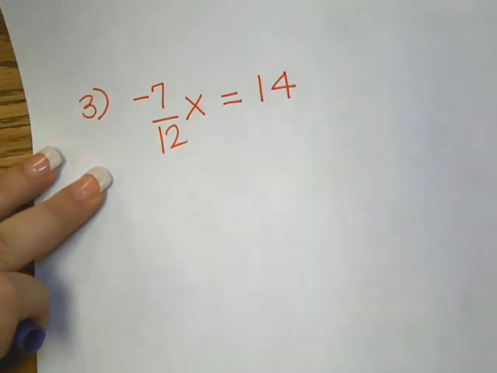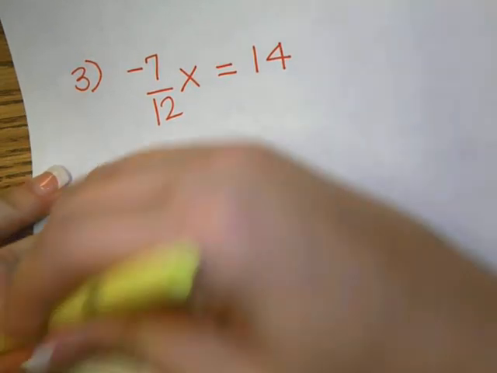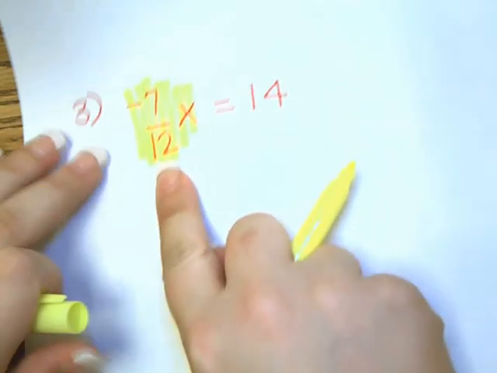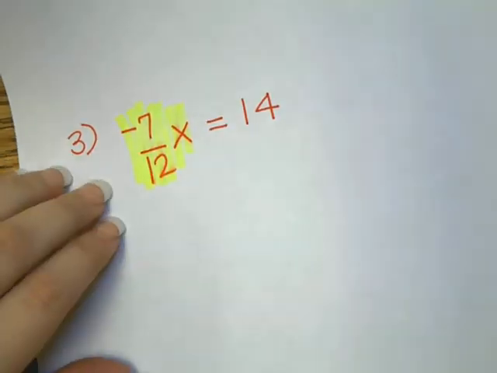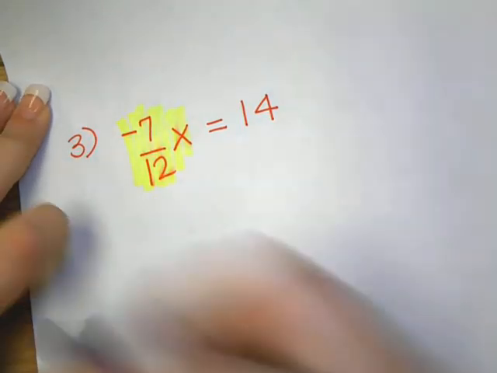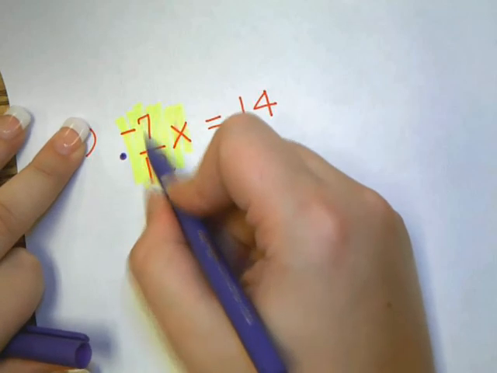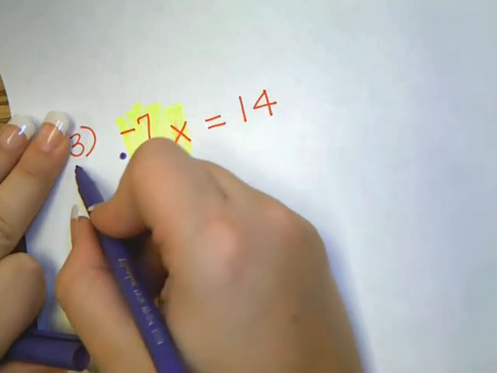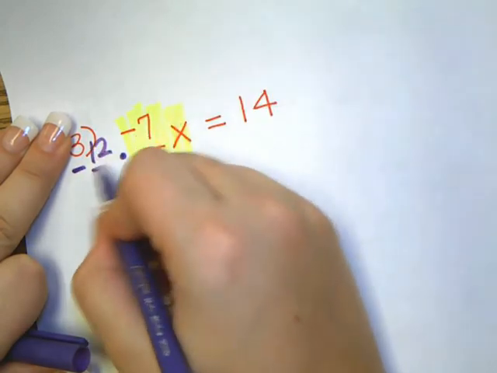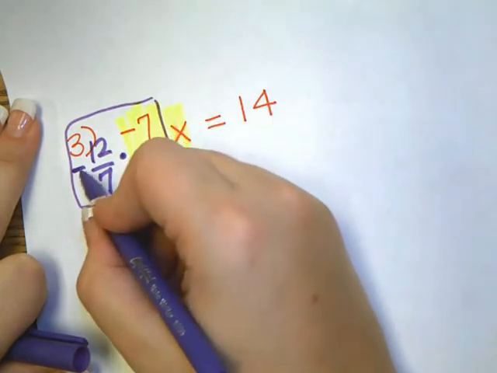Okay, let's take a look at example 3. So we can't simplify. We're going to highlight the variable term. It is by itself, so we're ready for step 3. We're going to divide, but it's a fraction, so instead of dividing, dividing is the same thing as multiplying by the reciprocal. So the reciprocal, remember that negative, we ignore it, it comes along, and we're going to flip-flop these, we get negative 12 sevenths.